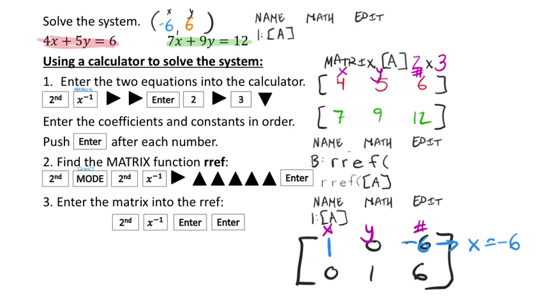The second one, it's saying your y right there, because there's no x's, but you have a y right here that is +6. So that's telling us that the y value is +6, which it was up here. So this is an ordered pair. It's just giving you an ordered pair in a different format, but it means exactly the same thing. Okay, this is RREF right there, but it's a different format.